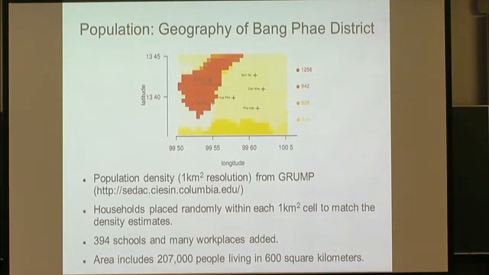So basically the grid on which we're simulating looks like that. We're down to 1 square kilometer resolution. There are 394 schools modeled. Of course, we're also modeling the households.